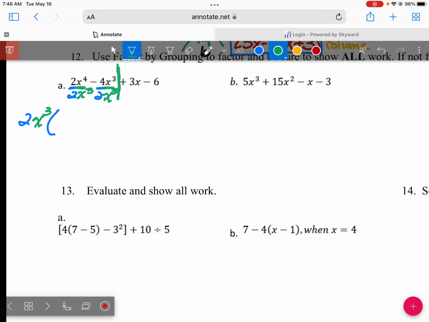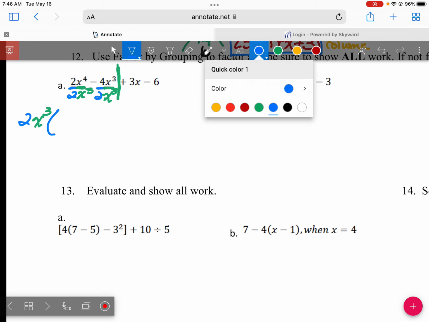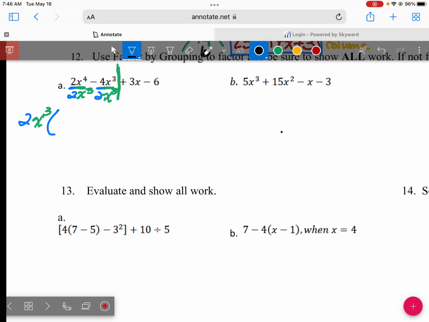Okay, now looking to see what I have left. So 2 divided by 2, that simplifies out. X to the 4th divided by x to the 3rd is x to the 4 minus 3. Because you're dividing, you subtract, so that is just an x here. Minus, what's 4 divided by 2? Is 2.